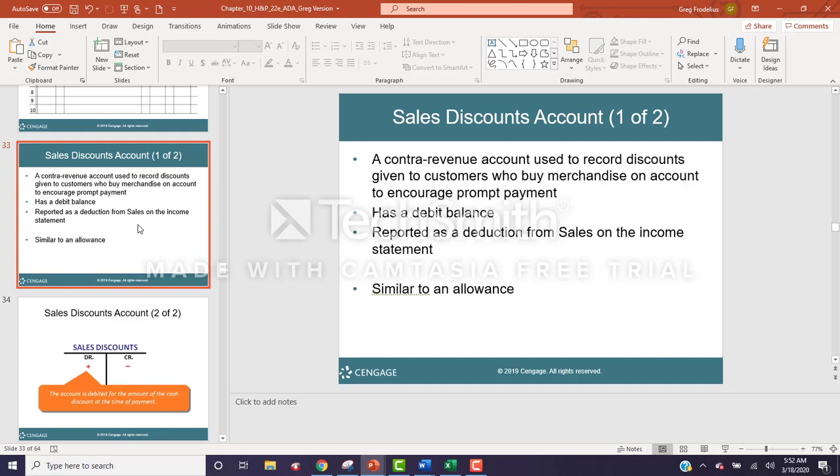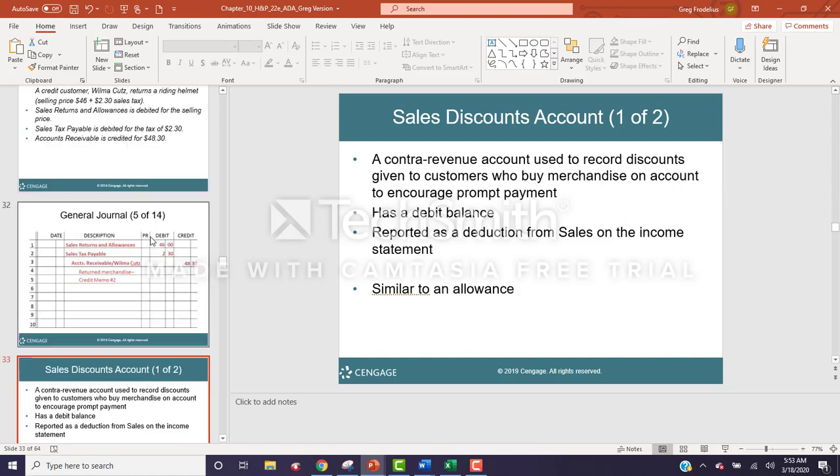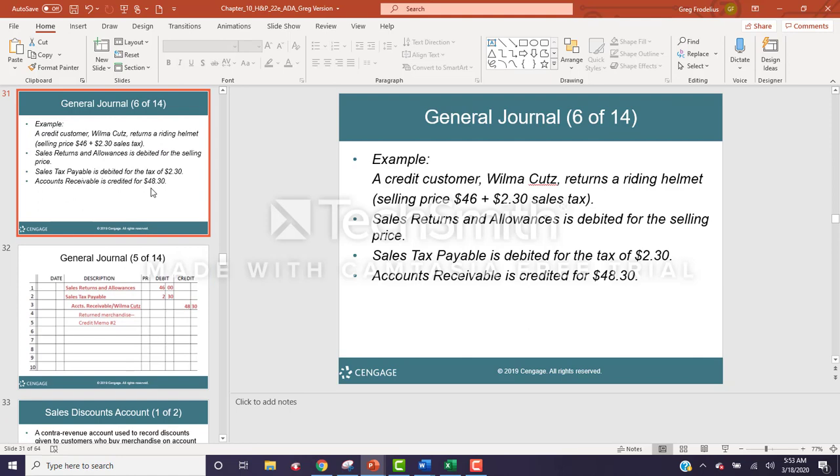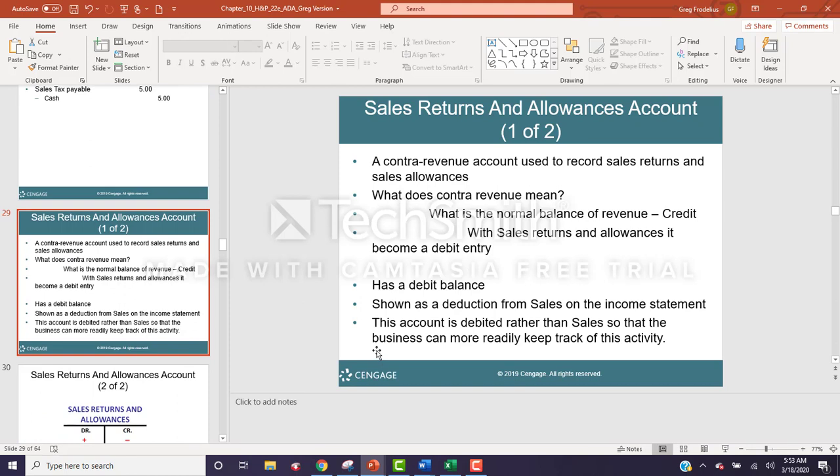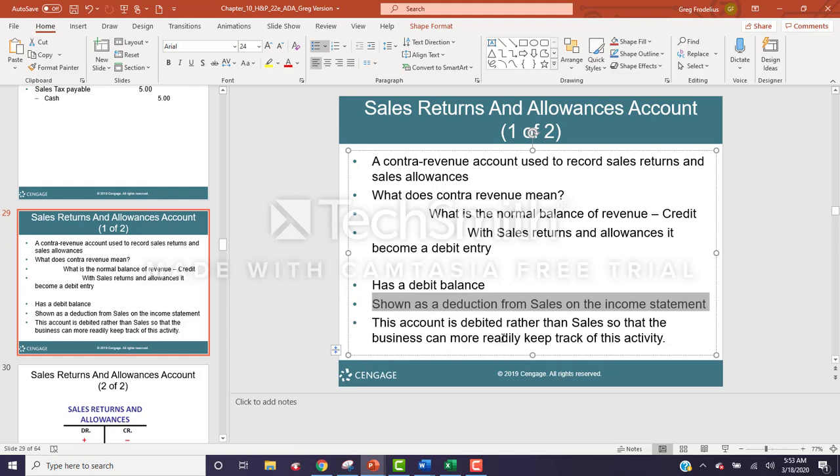Similarly, we're going to be dealing with what we call sales discounts. Again, it's a contra revenue account. This has a debit balance and is reported as a deduction from sales on the income statement. It's something I forgot to mention earlier. I want to make sure you understand it should be shown as a deduction from sales on the income statement. So if we have $1,000 in sales and $100 in returns and allowances, we technically only have $900 in sales.